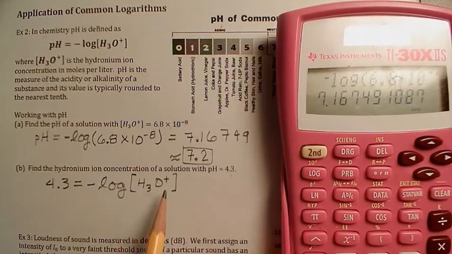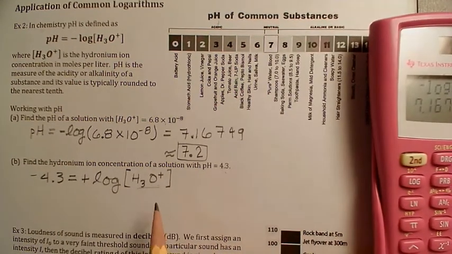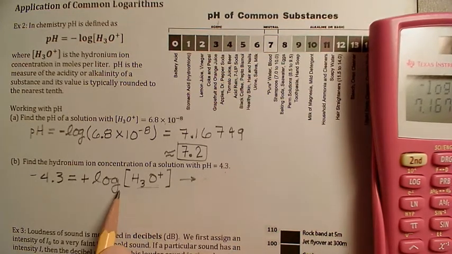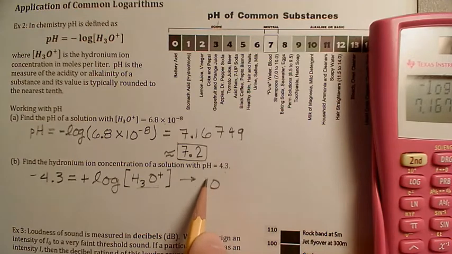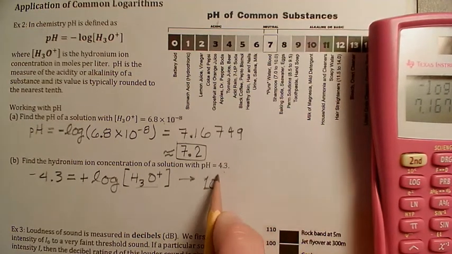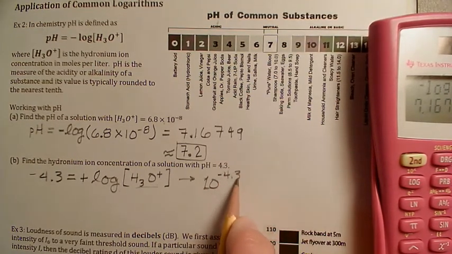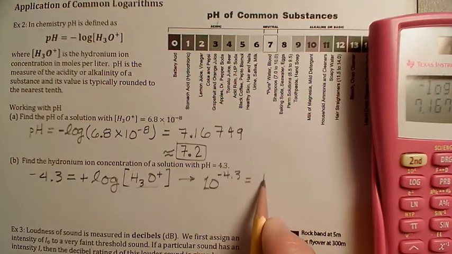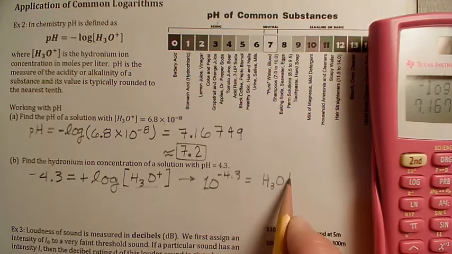Okay, so we want to solve for this one this time. First of all, we probably move the negative over. And now let's convert that to an exponential. So if we do that, the base, which we know is 10, even though it's not there, 10 raised to the negative 4.3 is equal to the hydronium ion concentration.